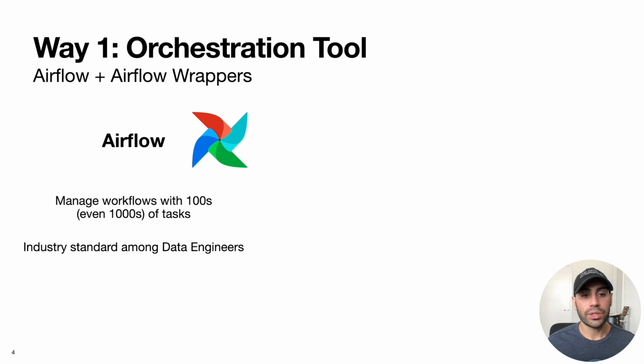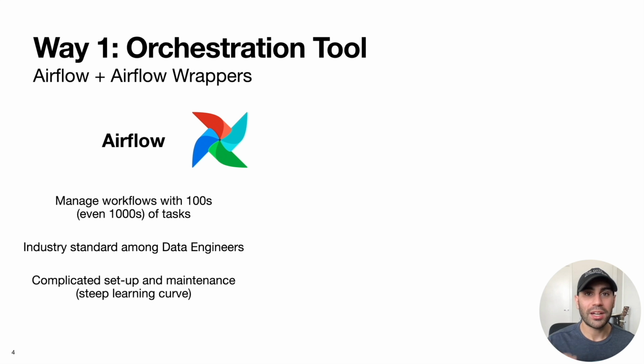This is a major reason why this has become an industry standard among data engineers managing enterprise scale data pipelines. One downside of Airflow, as someone who was trying to learn it specifically for this series and this project that I've been working on, is that it can be pretty complicated to set up and maintain these workflows. And of course, that comes with a steep learning curve.